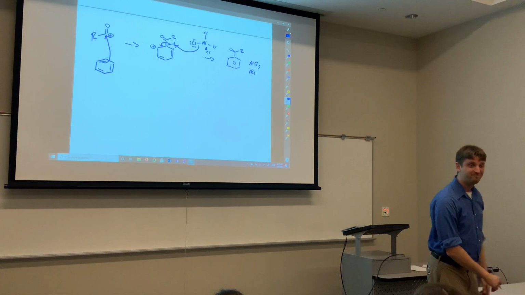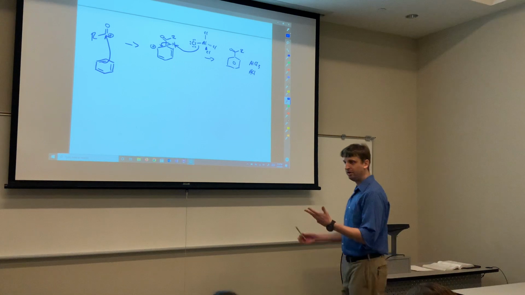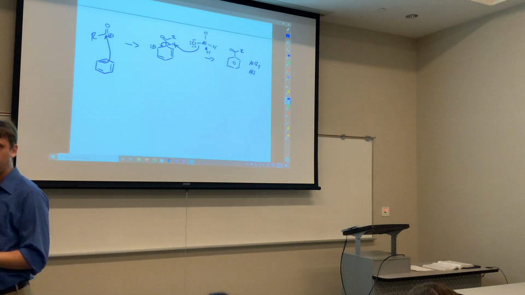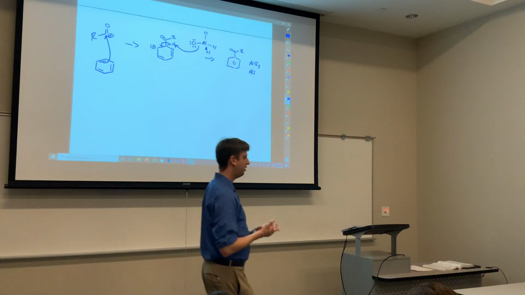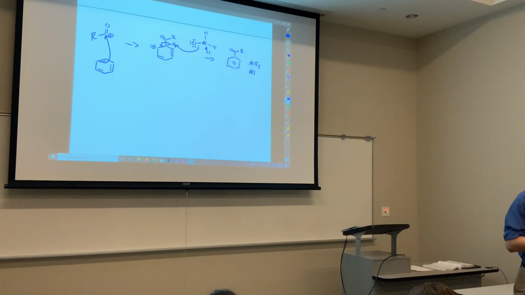Anything different? Nope. We still have the halide, which attaches to the Lewis acid to generate the electrophile, and then the electrophile gets attacked by the pi bond, and then we reform the aromatic ring, right? Good?